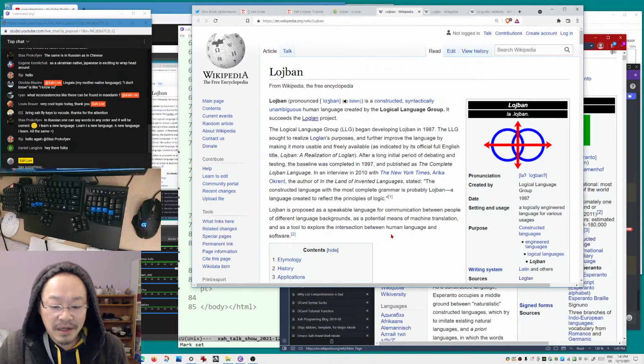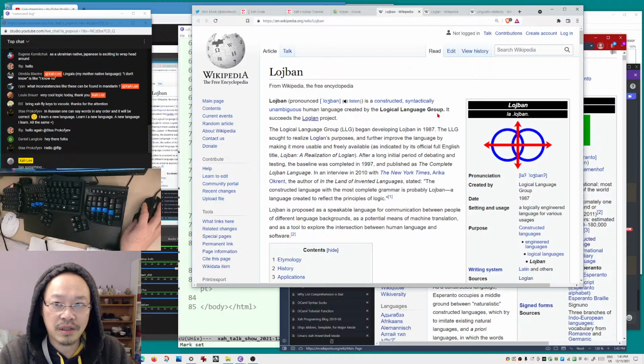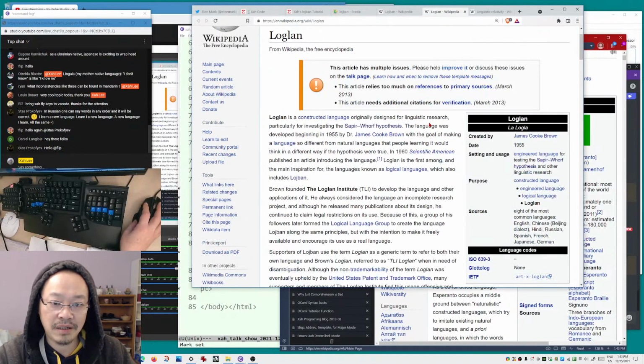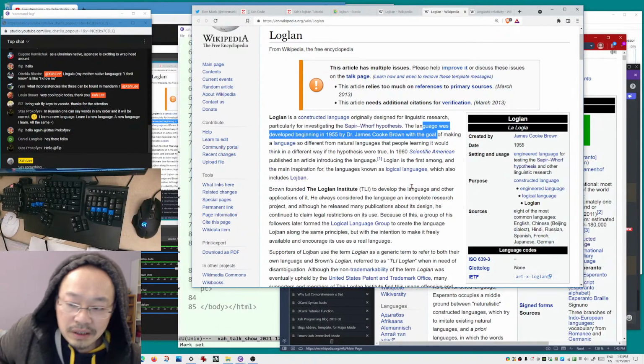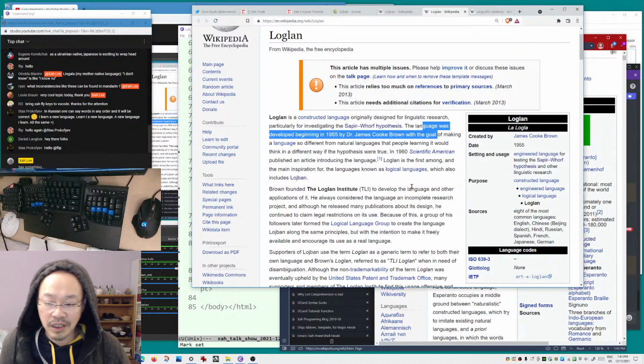So I'm talking about this to show you that cultural neutrality is one of the important elements in the constructed language community, because that's a valid point. You want a language that's socially neutral.